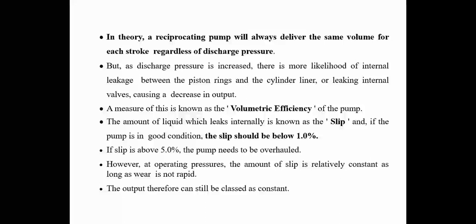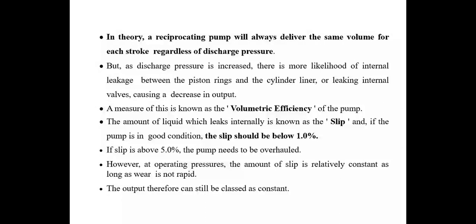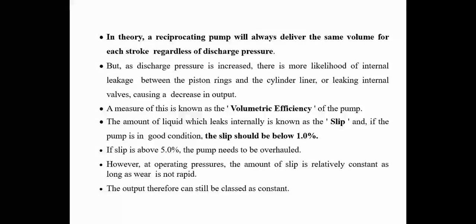If some amount of water leaks within that pump, that leakage of water is known as slip. If the pump is in good condition, the slip will be below 1%. If the slip is above 5%, that is, the leakage of water is above 5%, then the pump is not good for operation and it should be overhauled.